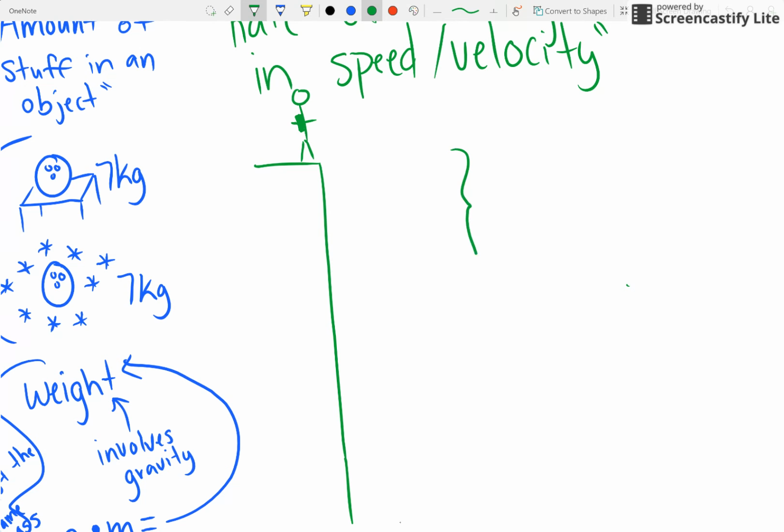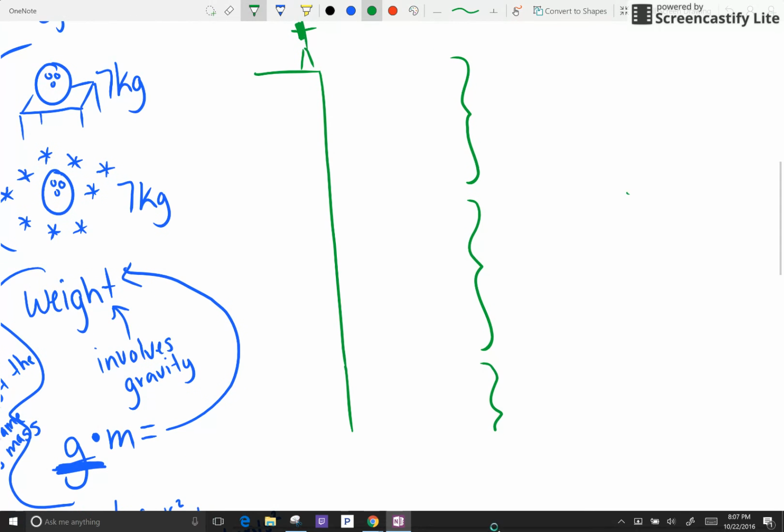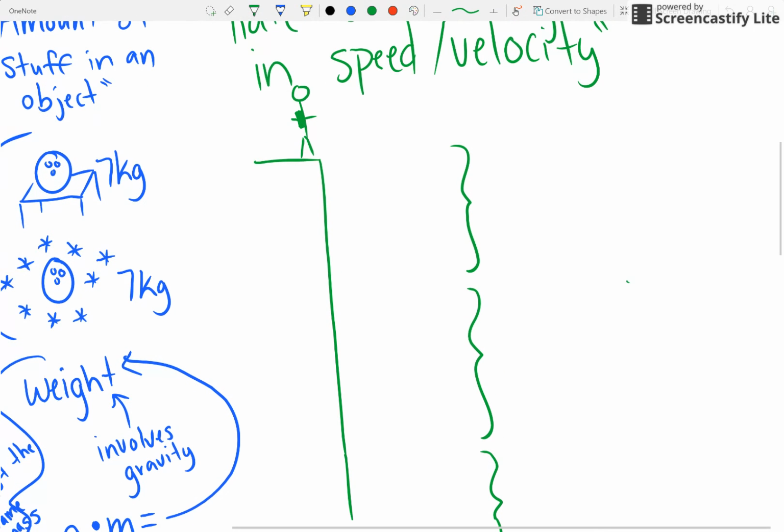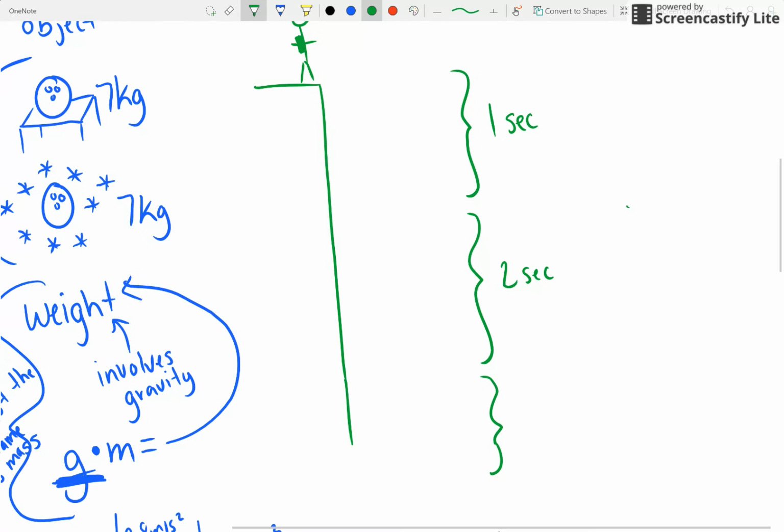So our rate of change, I will say, is in seconds. So we'll have 1 second. I want to know how fast you're going in 2 seconds. I want to know how fast you're going in 3 seconds.